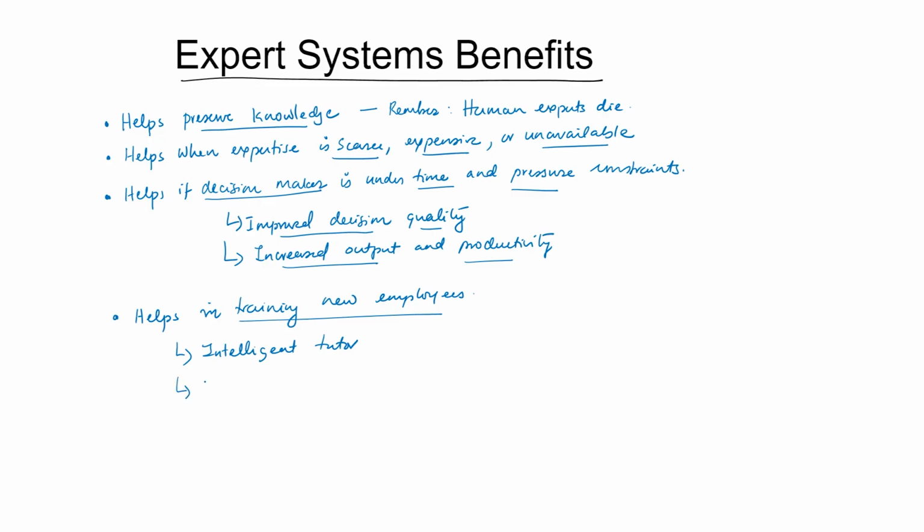Then that is also the non-expert lecture or knowledge transfer to remote locations. So, intelligent tutor, or the other option is we can also do knowledge transfer to remote locations as well. Now, if that is the case, what are the problems and limitations of expert systems?